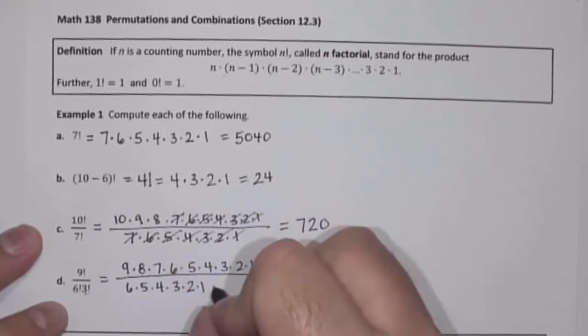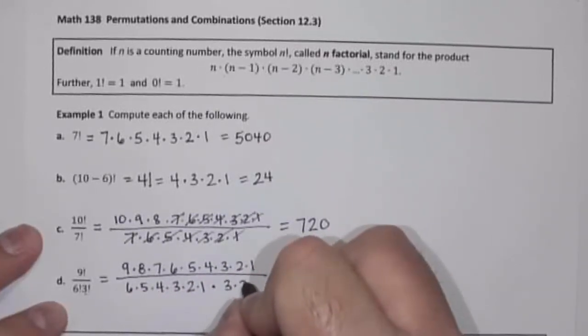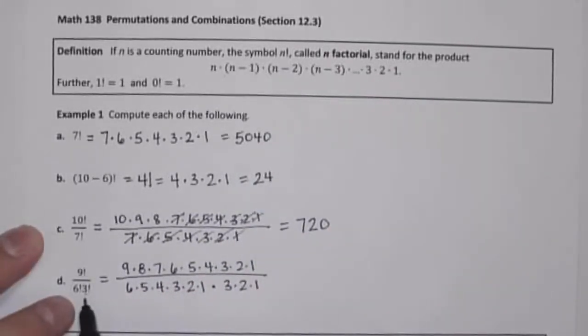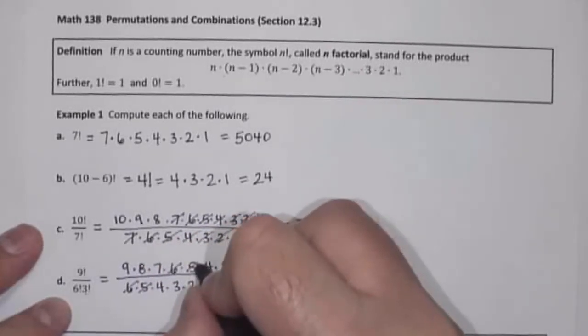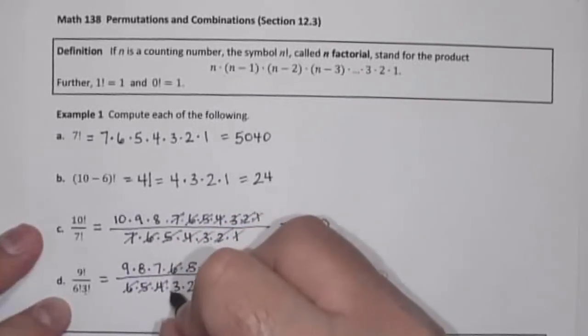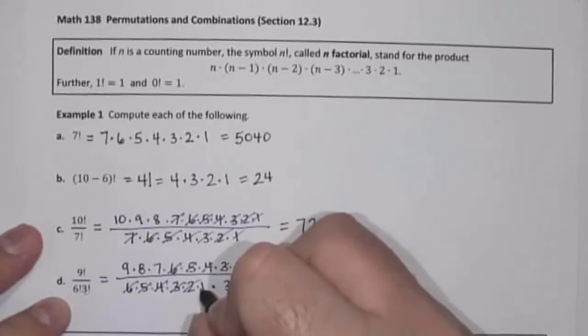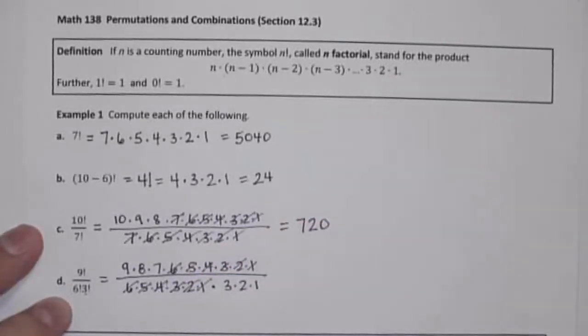And then 3 factorial means 3 times 2 times 1. So again, like in part C, this 6 will cancel with this 6, 5 will cancel with 5, 4 with 4, 3 with 3, 2 with 2, and even 1 with 1, so to speak.